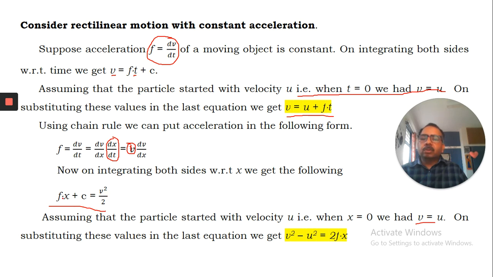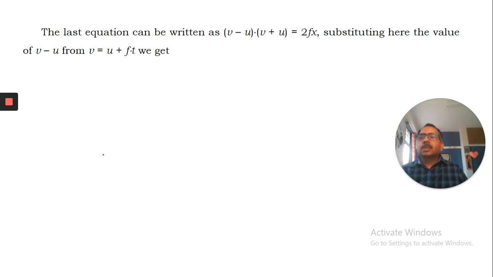Substituting these values in this equation, we get v square minus u square equal to 2fx. The last equation can be written as v minus u into v plus u equal to 2fx.